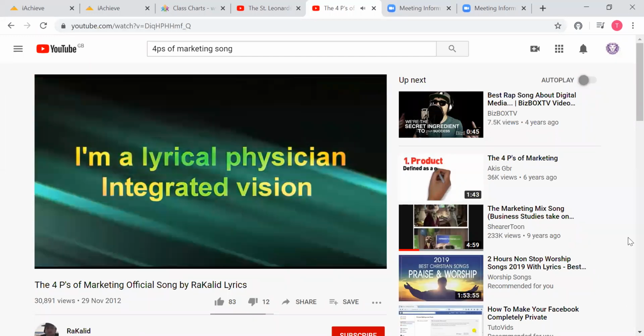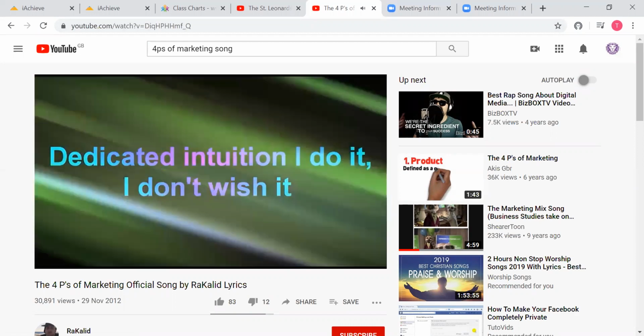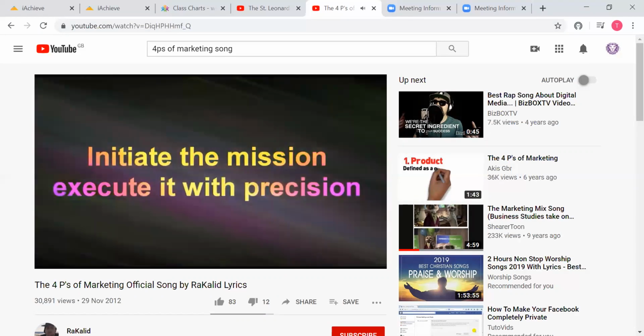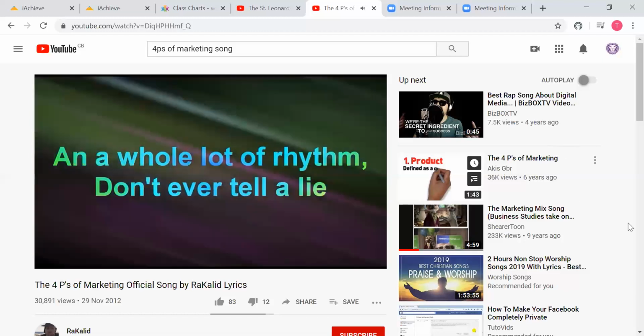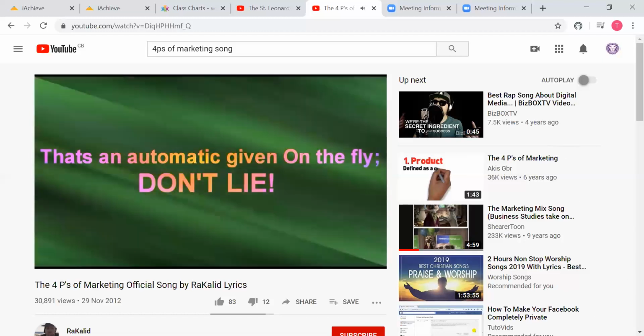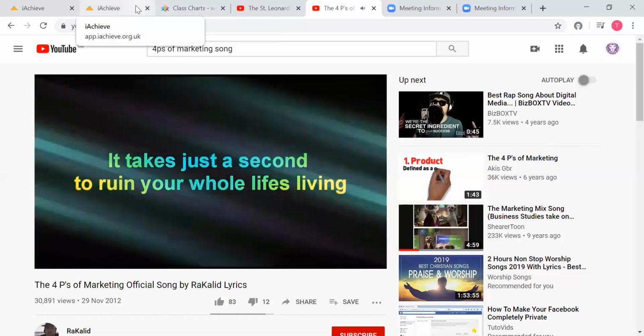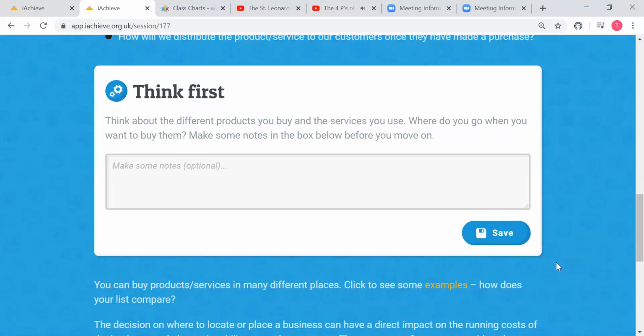First you need the product, then you find a place, so you sell it for a price that'll earn you free promotion. The 4 Ps of marketing: product, place, price, and promotion.